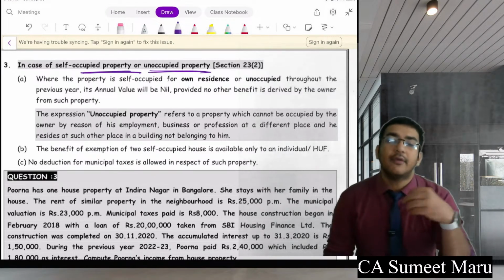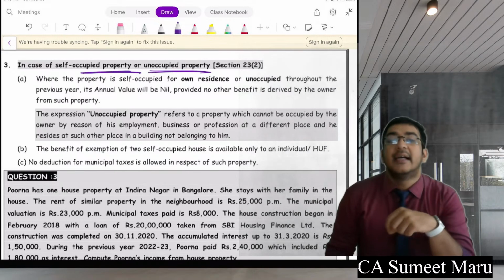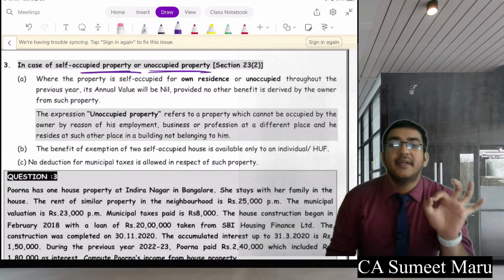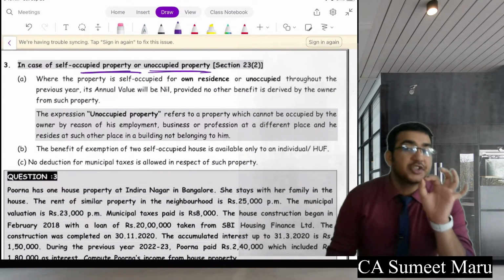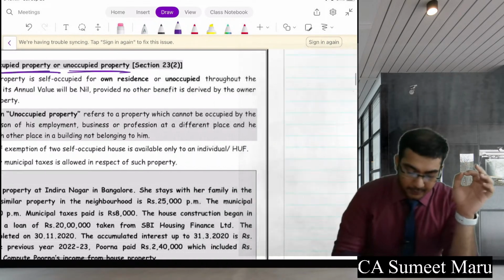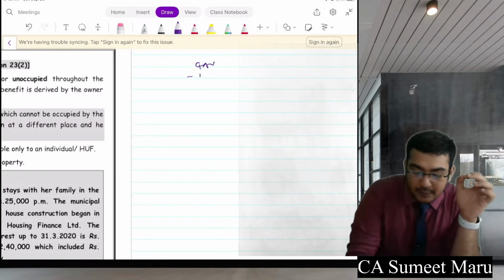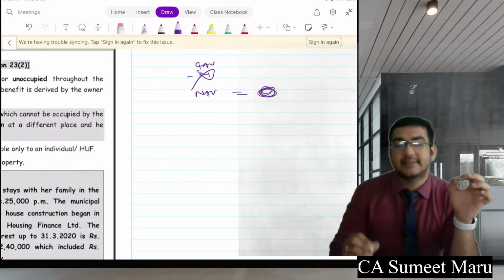Whenever you have a self-occupied property, your own property, occupied by yourself, in that case your NAV becomes directly 0. Wait a minute, not GAV, your NAV itself. GAV minus no municipal taxes are allowed to deduct, आपका NAV डायरेक्ट बन जाएगा 0.